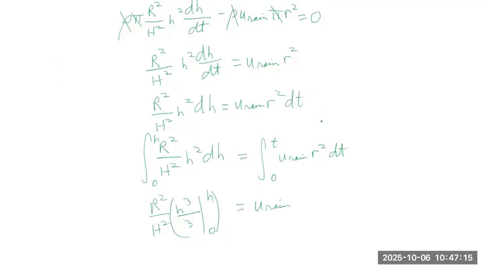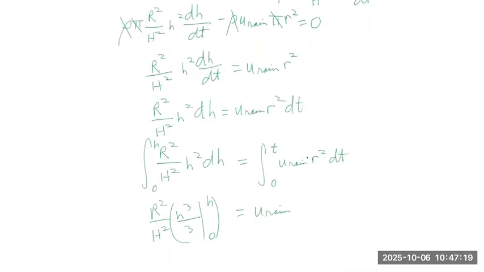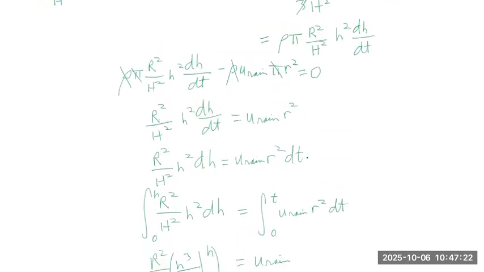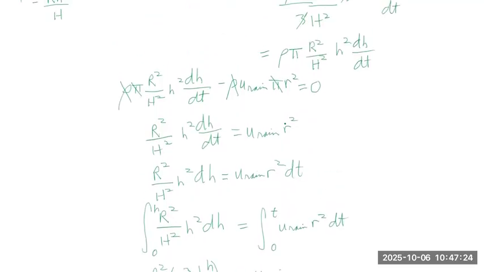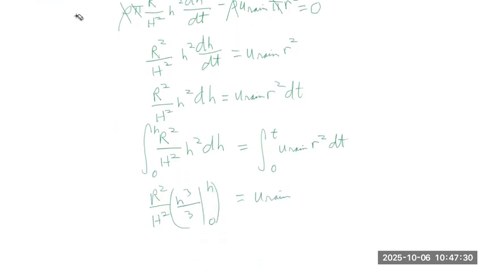Oh wait, sorry. We didn't substitute r is equal to rh over h for r squared on the left. So we actually should do that before we go through this whole integration.